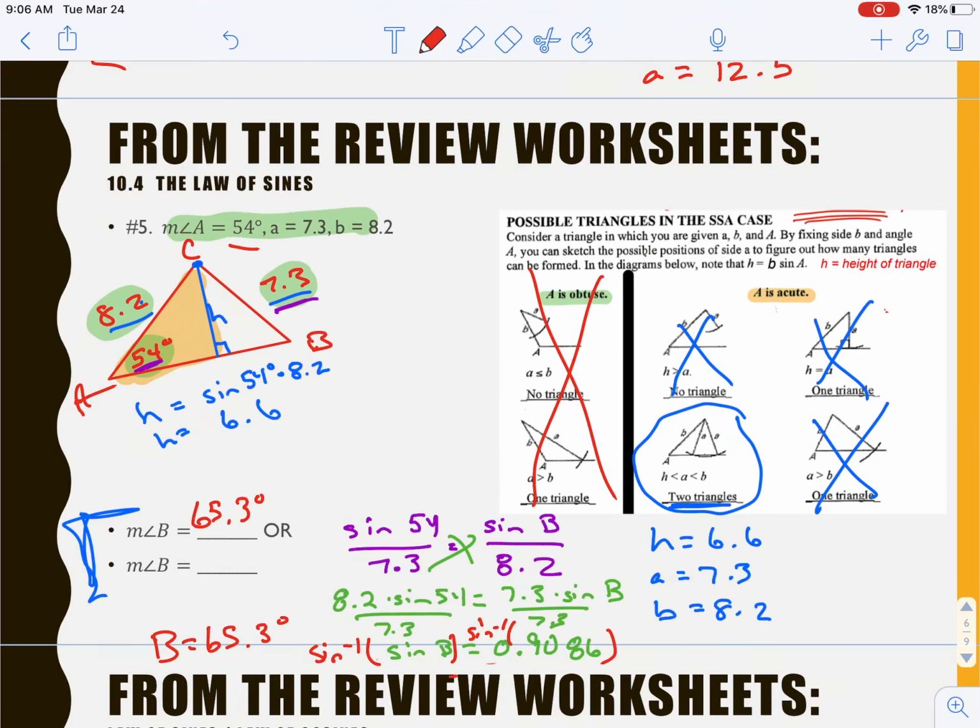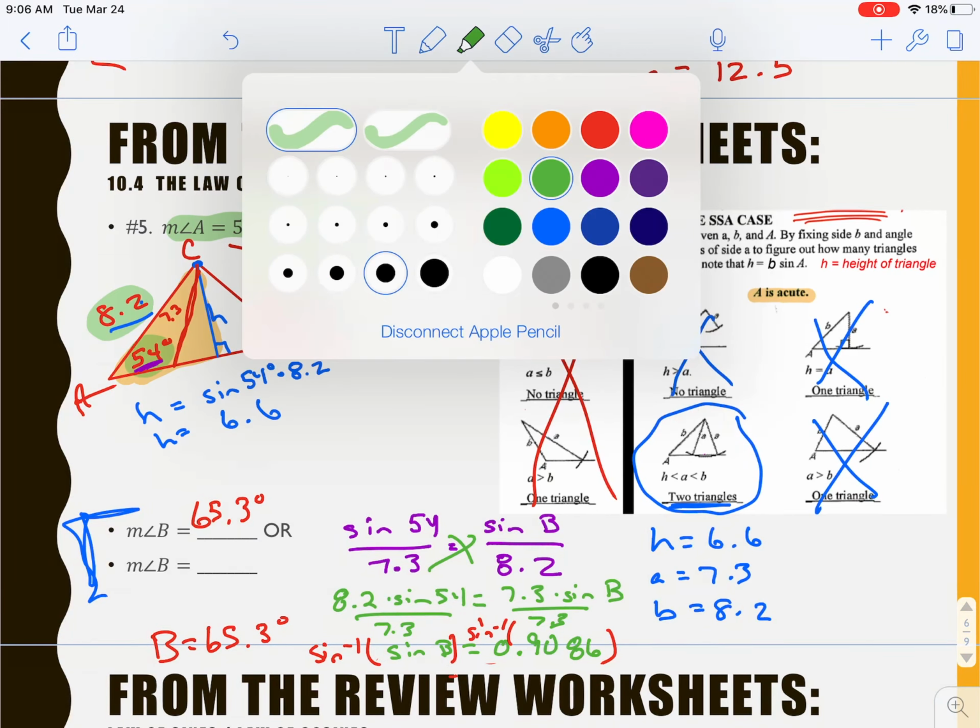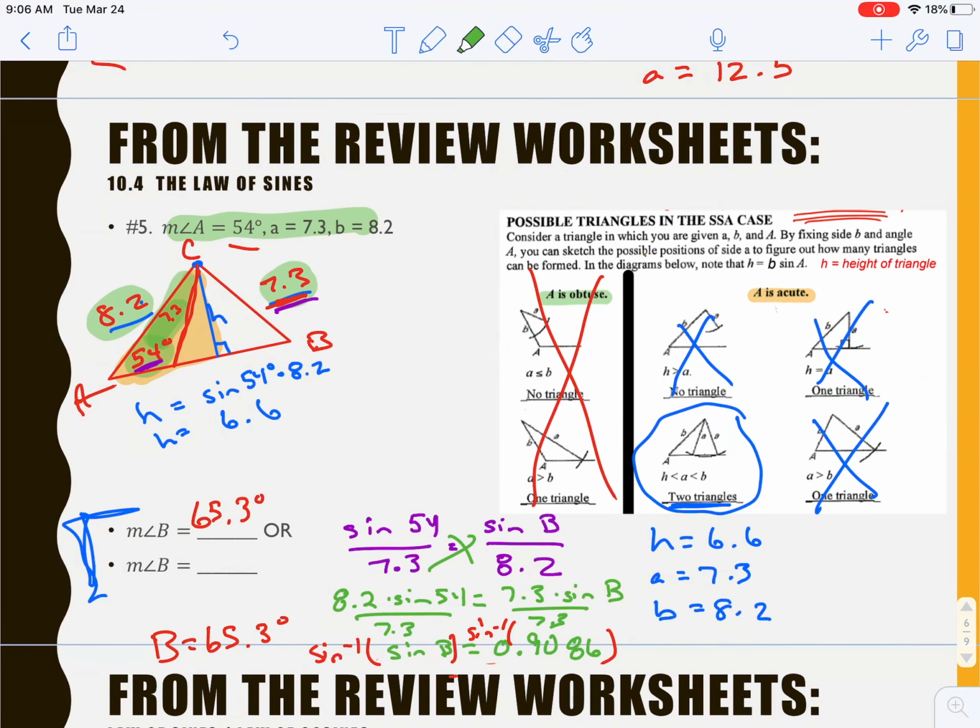But what this side can do is swing in the other way. Okay, that 7.3 side can swing out or it can swing in, creating this much smaller, skinnier triangle in here.